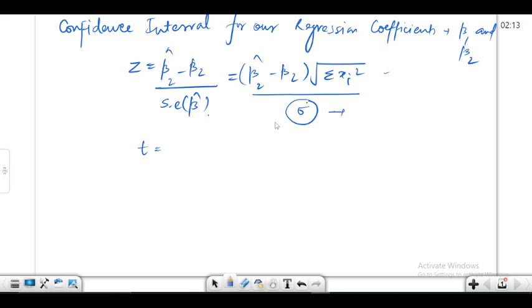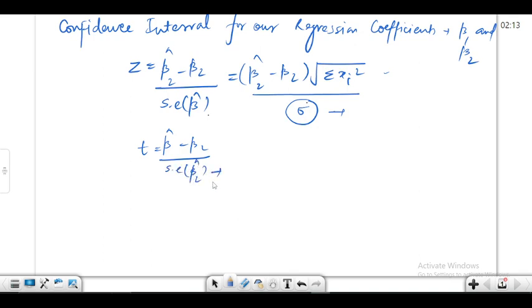If we don't have the value for the entire population, we take the standard error of the estimator. Sigma square is basically your variance, sigma hat square is the variance of the estimator, and sigma hat is the standard error of the estimator. So we'll take that value. Your t statistic will look like beta 2 hat minus beta 2 upon the standard error of beta 2 hat.